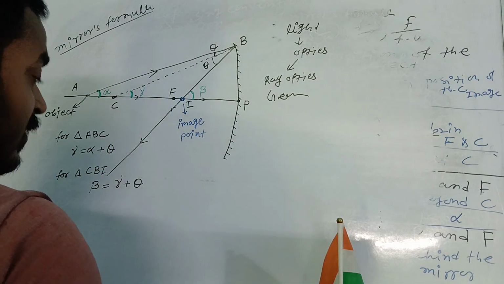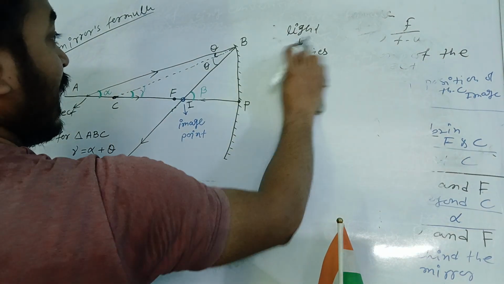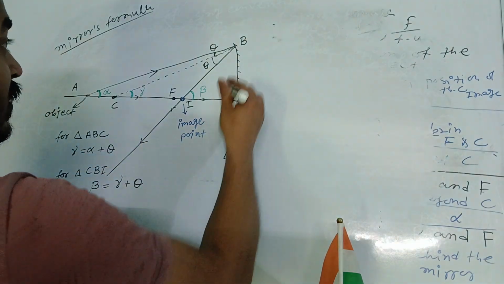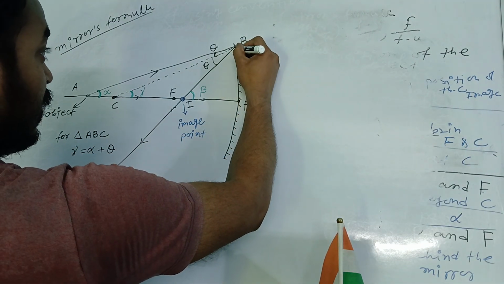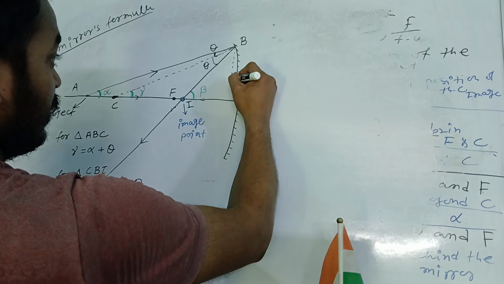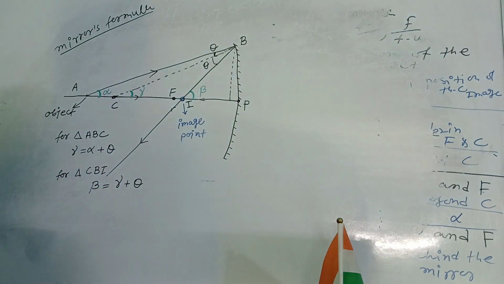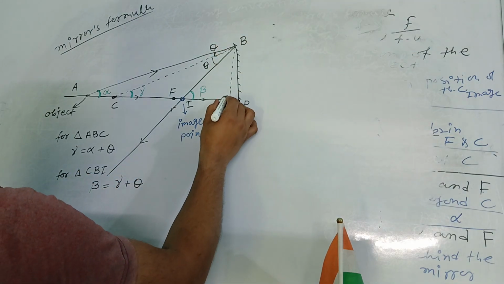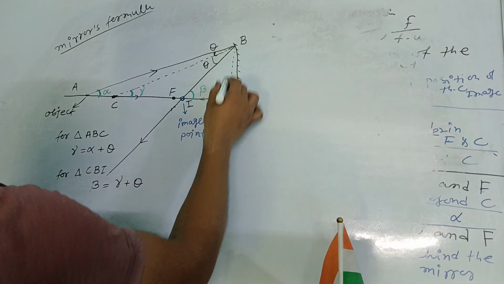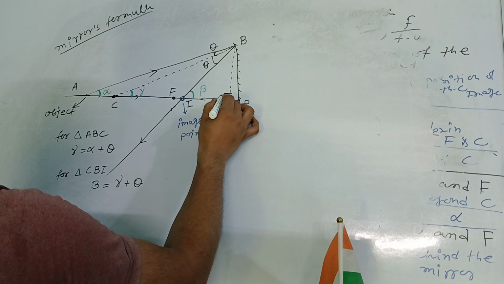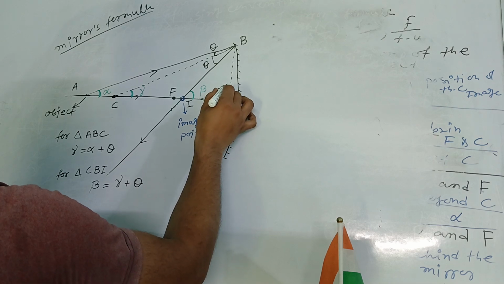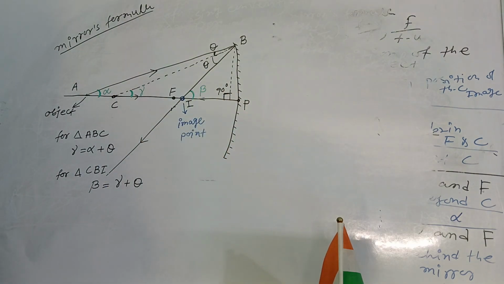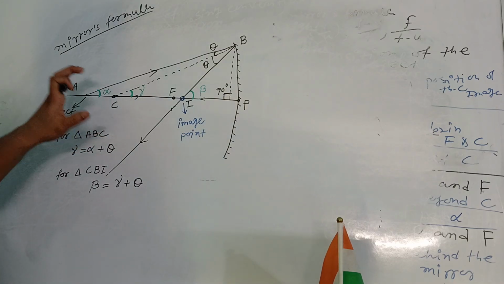That's why what we are going to do is draw one normal from this point. So I am drawing one normal on the principal axis from the point B. So I am getting this angle as 90 degrees. Okay, now see.